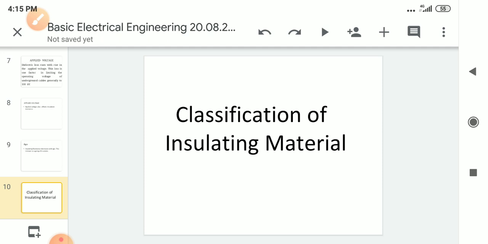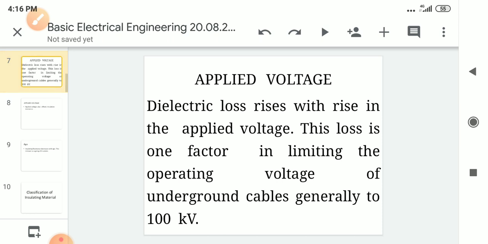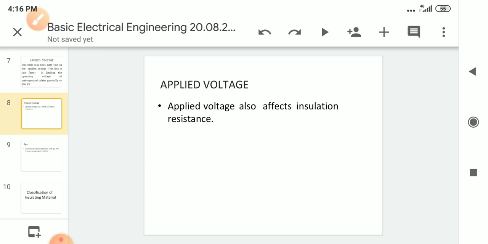In summer, the insulation resistance decreases due to rise in atmospheric temperature. Moisture is also very high in winter. It affects the surface resistance and causes insulation breakdowns when the insulation material is exposed to the atmosphere. After that, voltage. Insulation resistance decreases with increase in applied voltage above a certain potential.